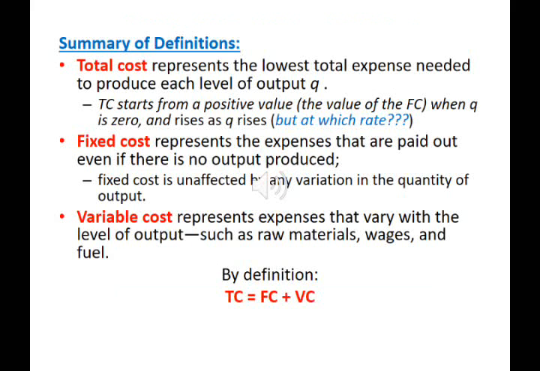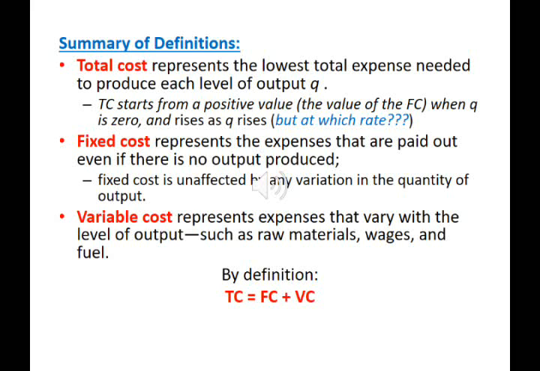Here again we summarize all the definitions that we have taken so far. Total cost represents the lowest total expense needed to produce each level of output Q. So by definition, the total cost facing any firm is the lowest total expense needed to produce each level of output Q. This total cost starts from a positive value as we agreed, and you can check again from the previous table.